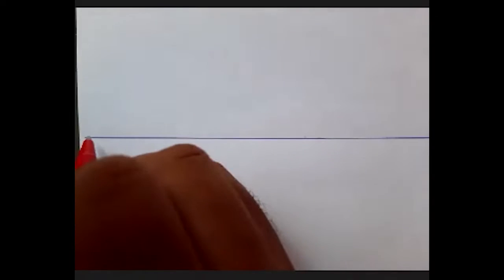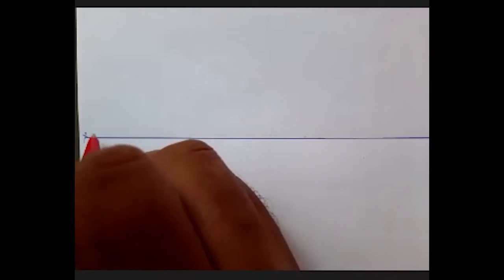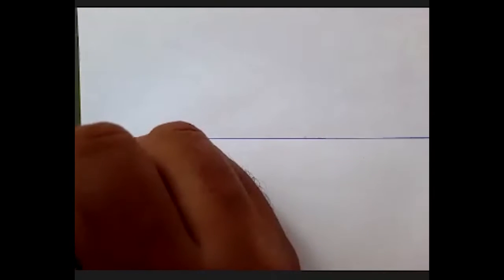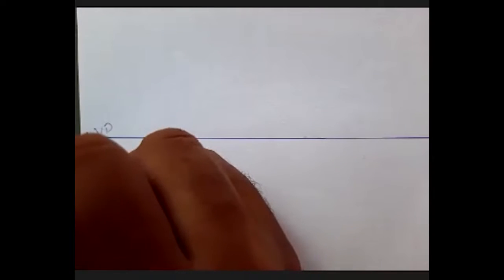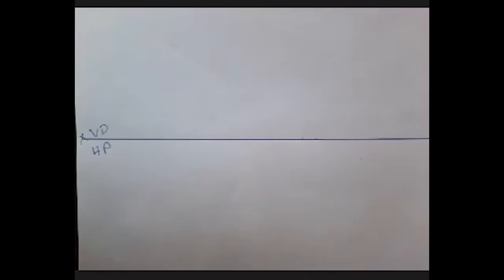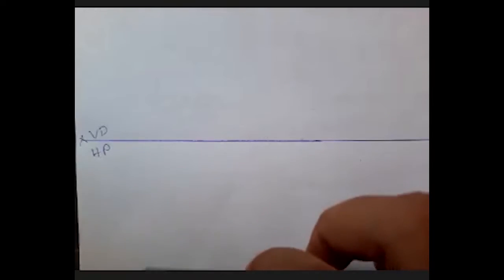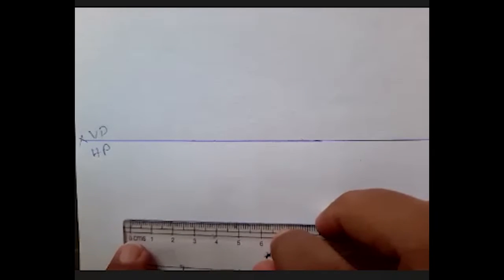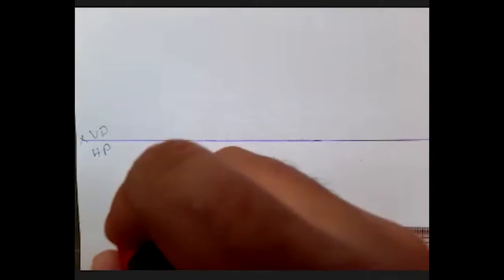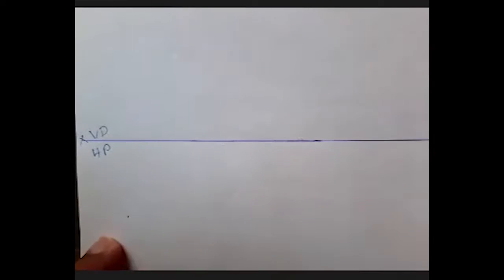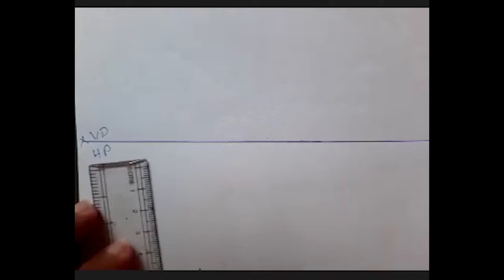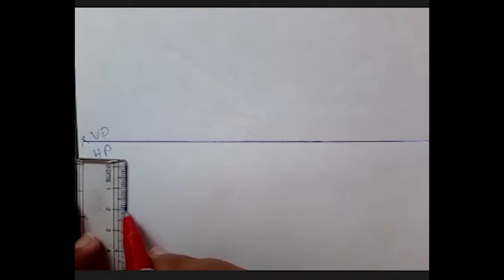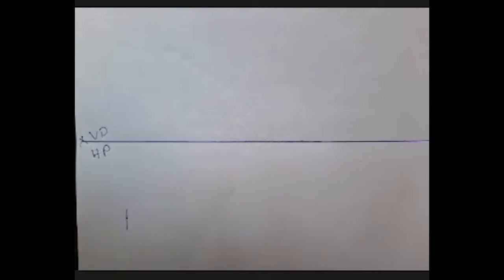Then we have our X, Y. Then I have the vertical plane VP, horizontal plane HP. So I have to have a corner on my right hand side. So I start with a point here. Then it has to be 45 degrees from both sides.